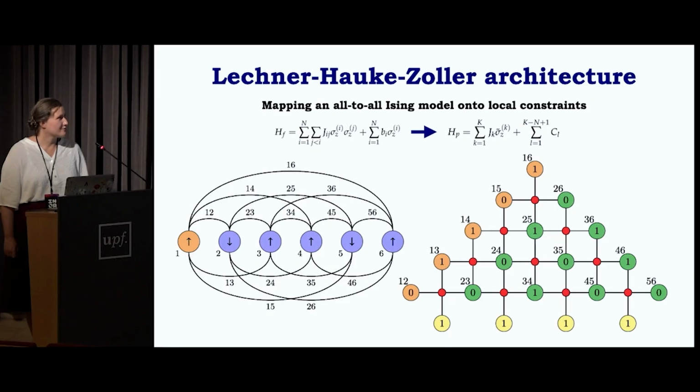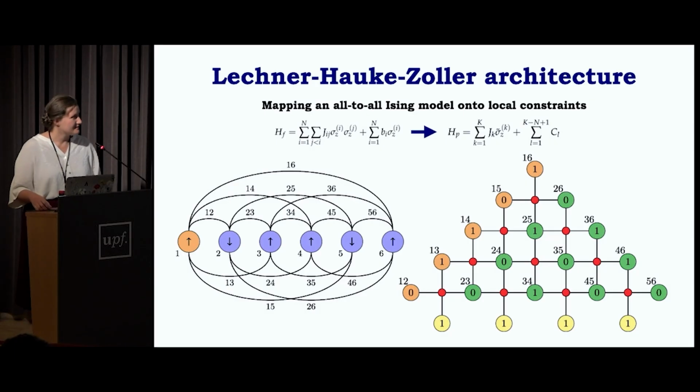And one of the most promising alternatives is the Lechner-Hauke-Zoller architecture, or LHZ architecture, which transforms a fully connected Ising model into a system of local constraints.